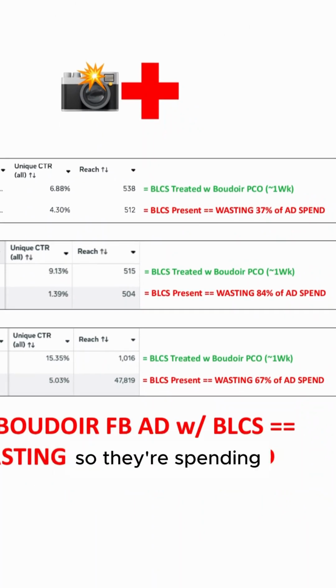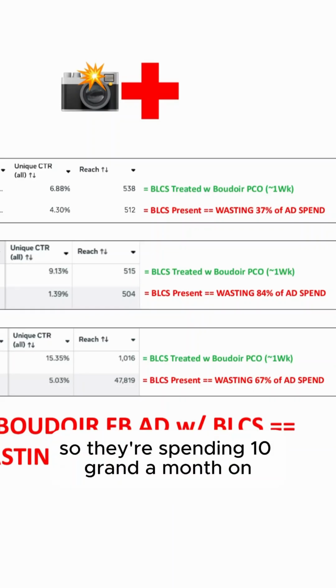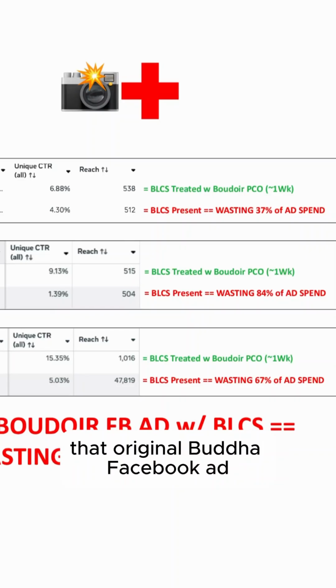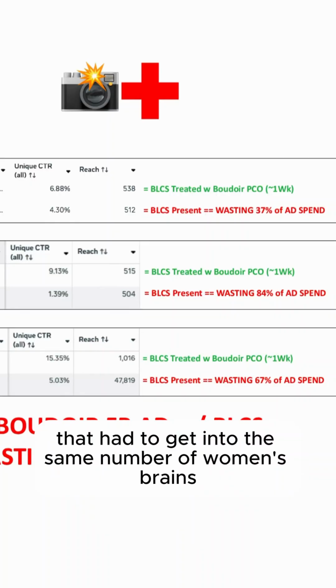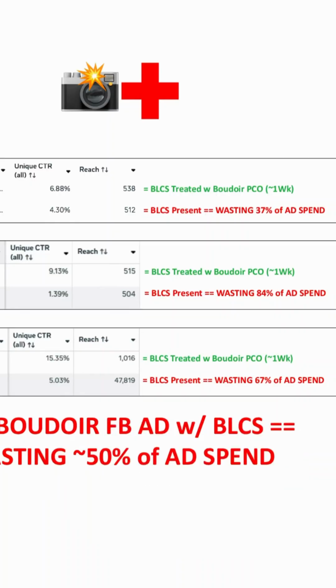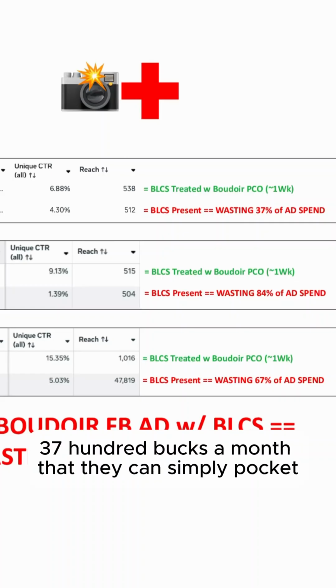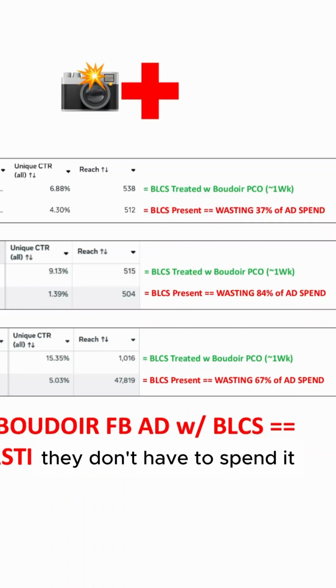So they're spending 10 grand a month on that original boudoir Facebook ad. Now they only need to spend $6,300 a month on the boudoir pico treated ad to get it into the same number of women's brains. So it's a difference of $3,700 a month that they can simply pocket. They don't have to spend it.